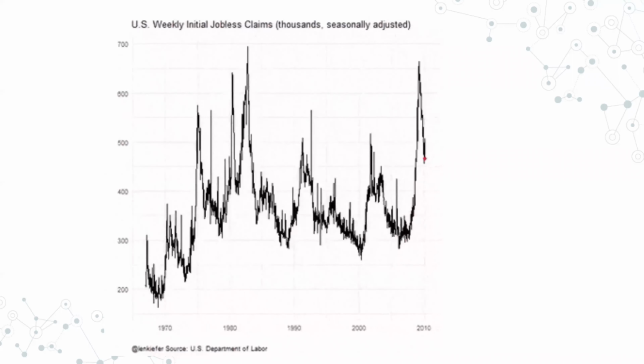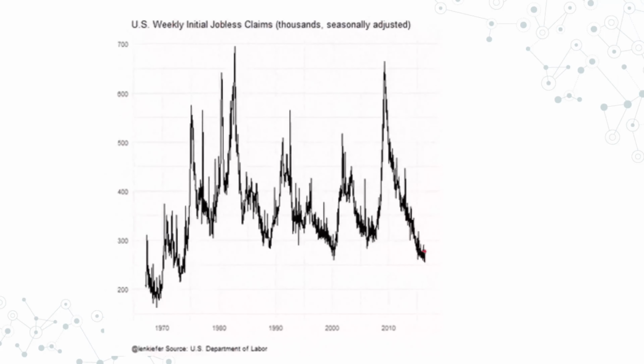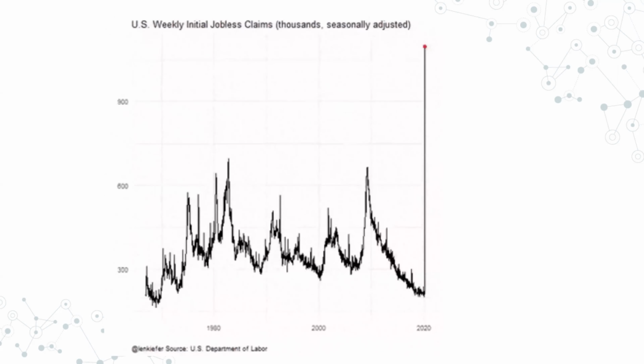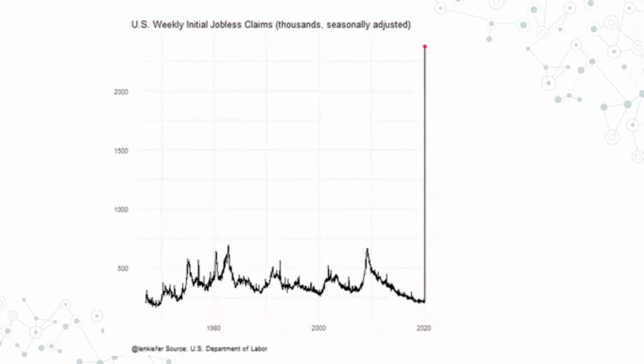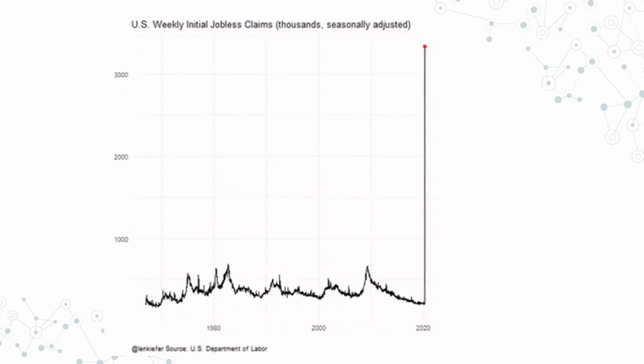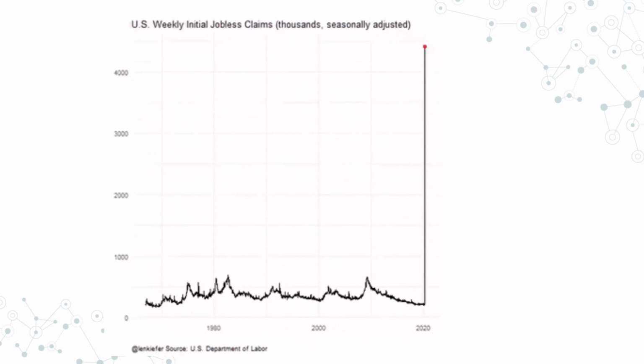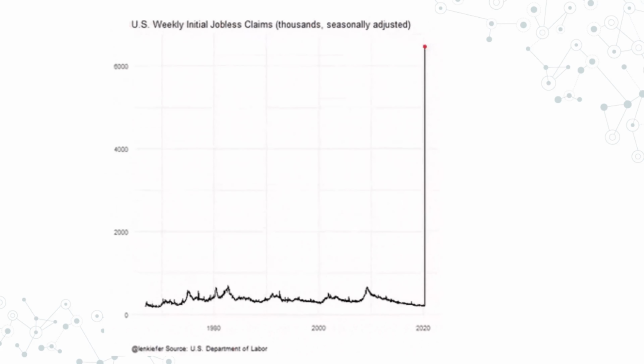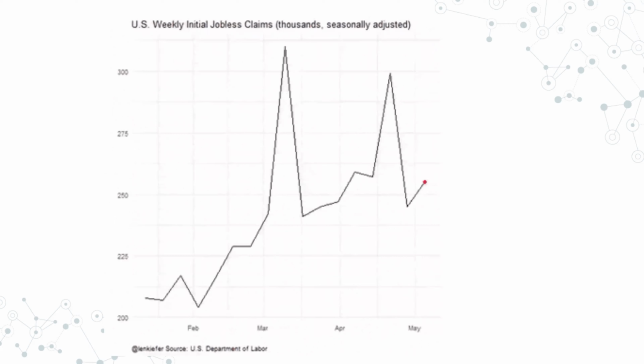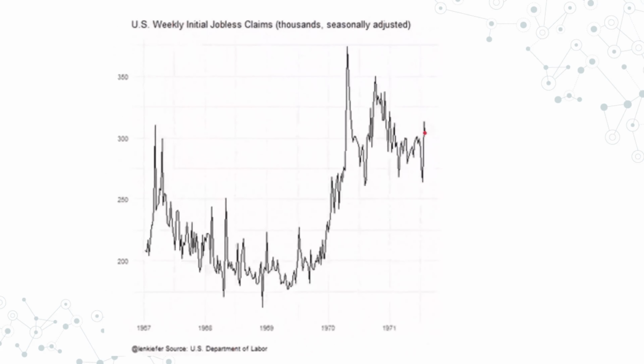Getting closer, we saw that during 2008. And then this is what's going on now. So this is going to have a huge impact on the health of our population, because being unemployed is a special level of stress, especially when your health insurance is tied to your employment.